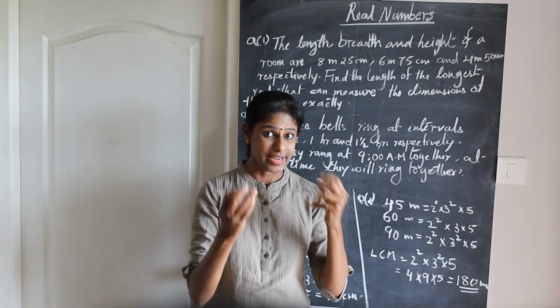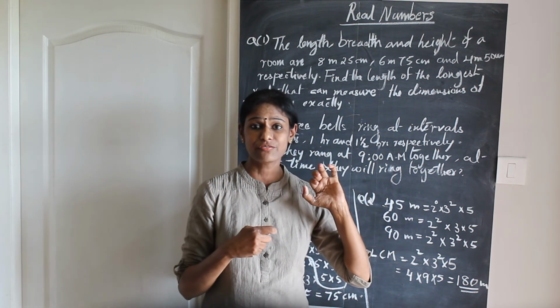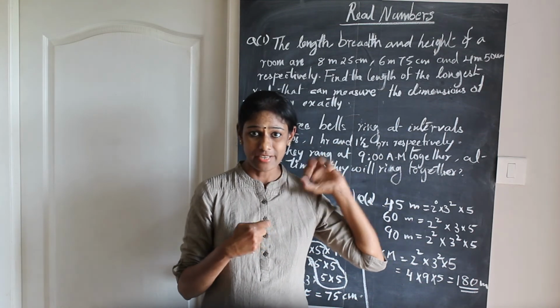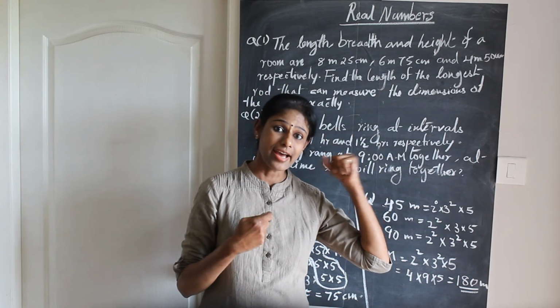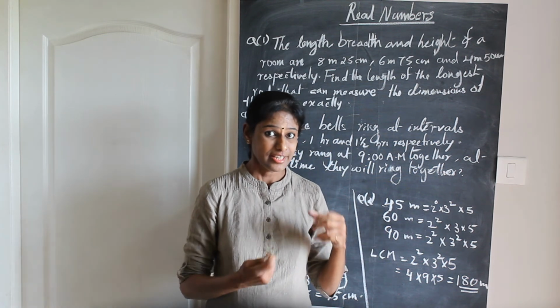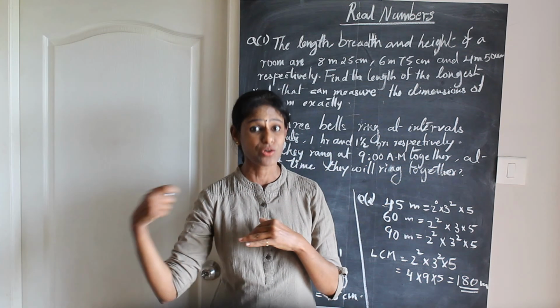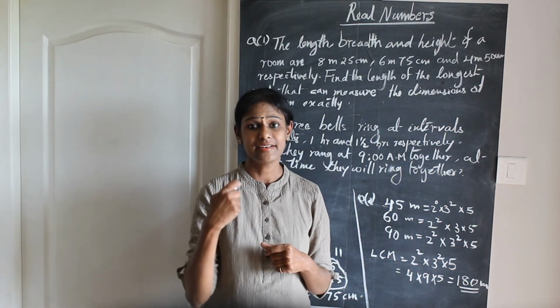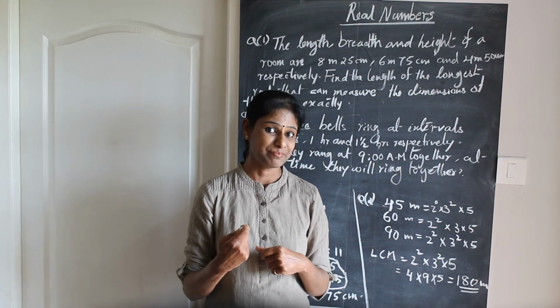If you need an answer which is lesser than or equal to the least given number, then you need HCF. If you need something greater than or equal to the given numbers, then it will be LCM.